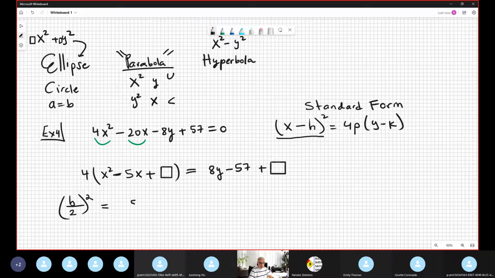You take 5 divided by 2 and square. It's odd number versus decimal, no? That is okay. It's 25 over 4, no? Because 5 squared is 25, 2 squared 4. And this is the number I put inside this box, 25 over 4.